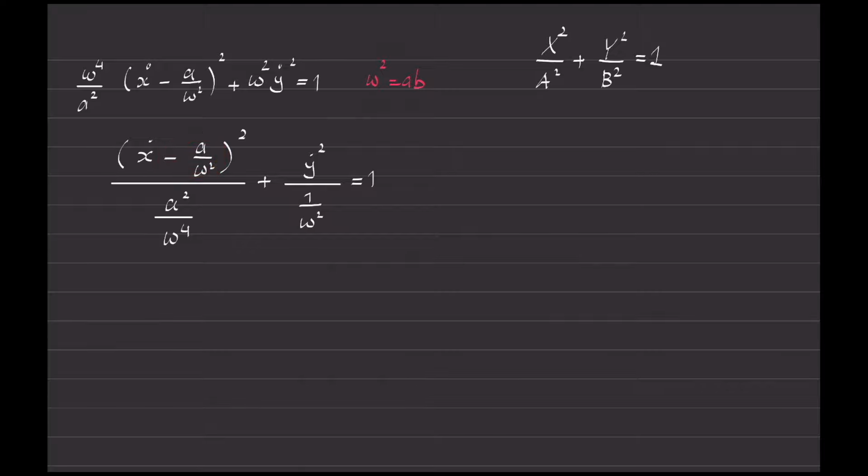Anyways, let me also simplify this expression, because omega squared is ab, so omega to the power of 4 is a squared b squared. This a squared and that a squared cancel, so I will get x dot minus a over omega squared to the power of 2 divided by 1 over b squared, and then plus y dot squared divided by omega squared, which is of course 1 over ab.